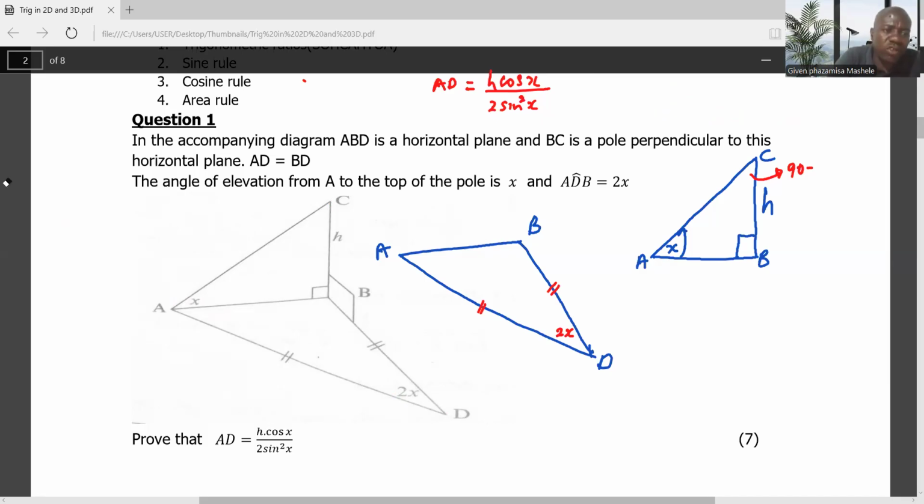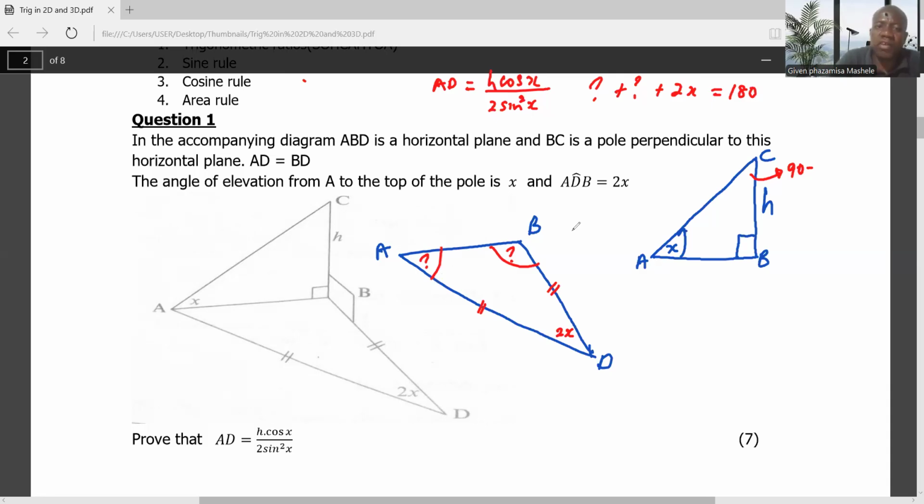We know that the two angles must be equal. We do not know this angle and we do not know this angle, but we know these two angles are equal because this is an isosceles. So I will say the angle that I don't know plus the angle that I don't know, which are actually equal, I'm just using question marks for now, but it's not what you should do, plus 2x equals 180 degrees because of the sum of angles in the triangle.